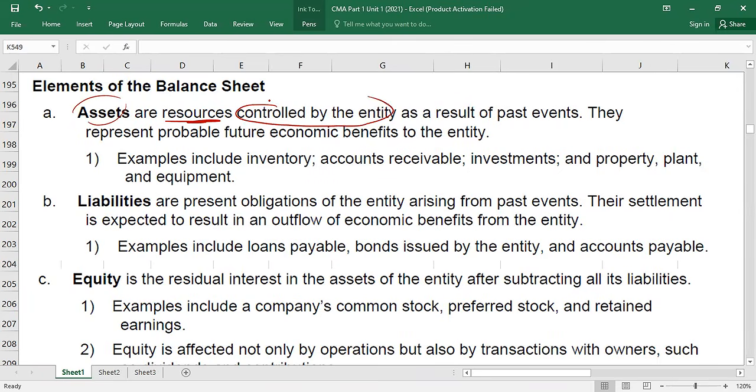They didn't say owned by the entity. For example, if you have taken a car on lease from a bank, and for 5 years you have to pay installments, if I ask you whose car this is, what would be your reply? It's the bank's car.